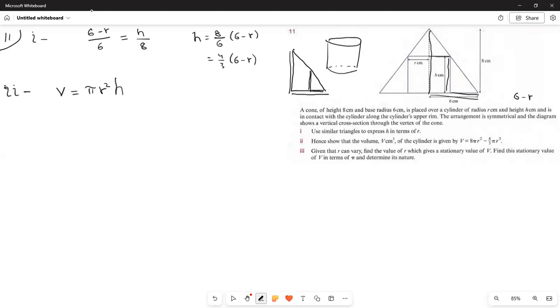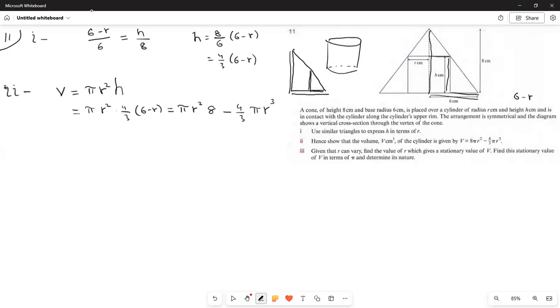But I want to express it in terms of r only. You see, there is r only, there is no h here. So I will replace this h by this expression, 4 by 3 into 6 minus r. So it will become pi r squared into 8 minus 4 by 3 r.